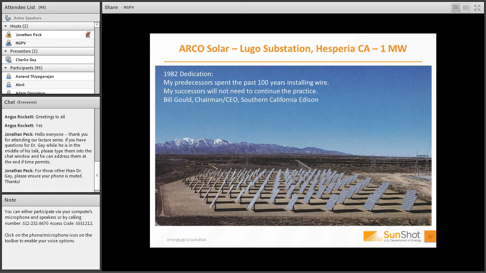Bill Gould Jr. is now the chairman of a company called Solar Reserve, based in Santa Monica. His other son, Wayne Gould, is in the investment community, investing in solar and other renewable companies. So this one man had a great influence, not just on his own family, but I would say of the leading utilities across the U.S.